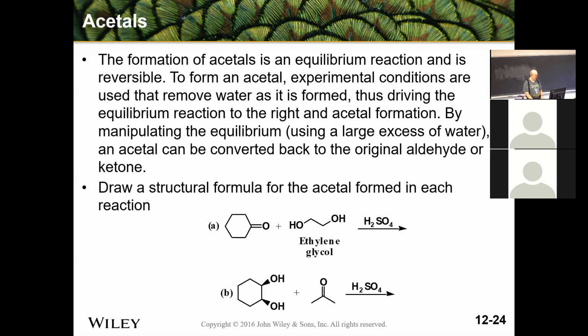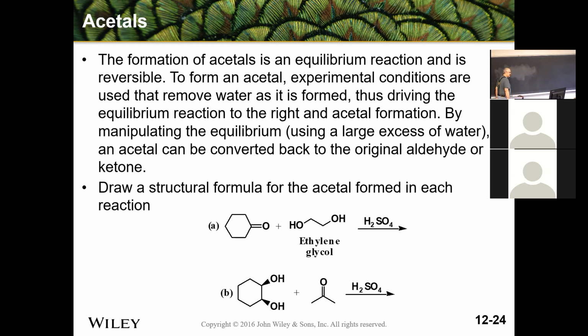Right, so here we have a couple of questions. How would we form an acetal from these? Okay, here we have a diol, and okay, we went through the mechanism.